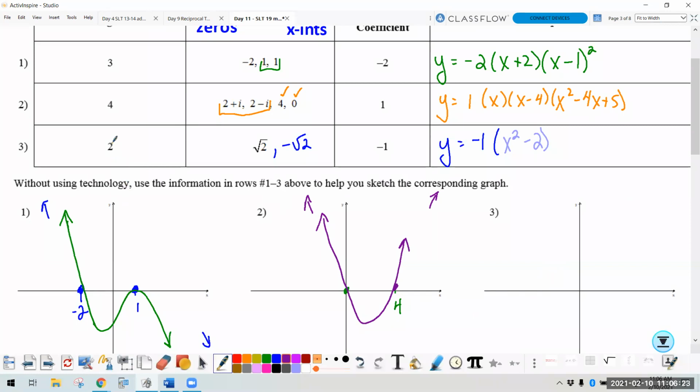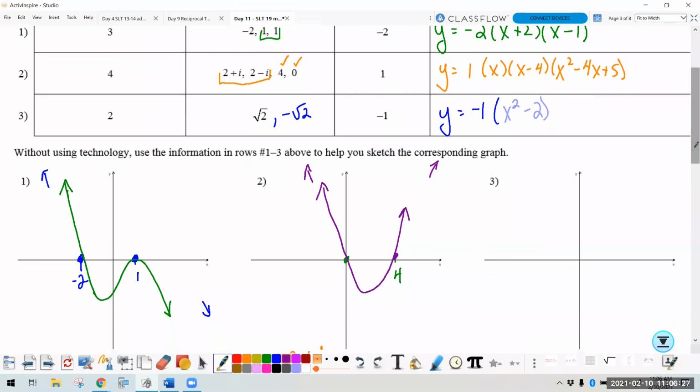And then lastly, even degree, negative leading coefficient, both our end behaviors will point to negative infinity. Label my x-intercepts. And then this graph will go something like this.